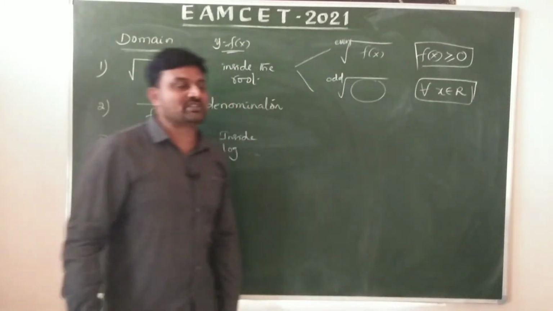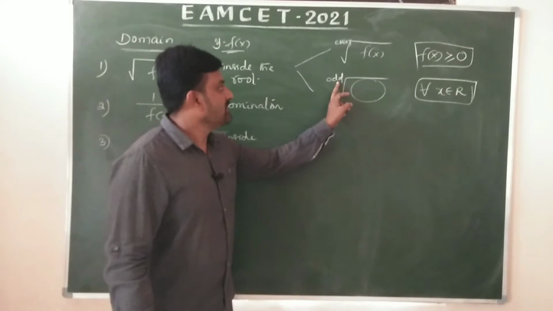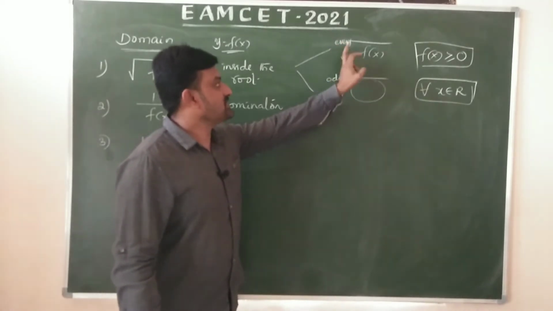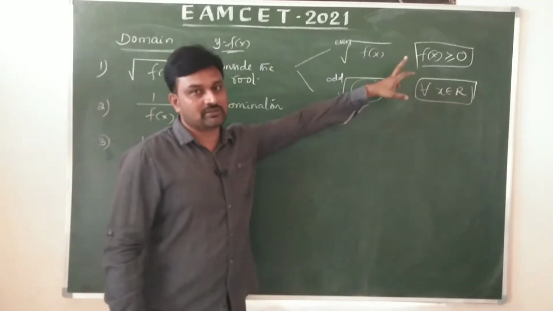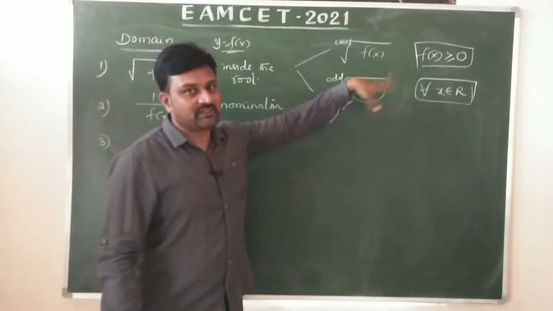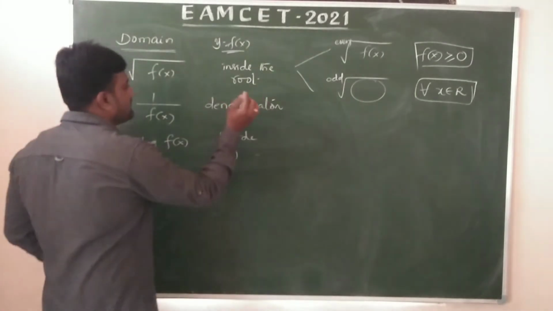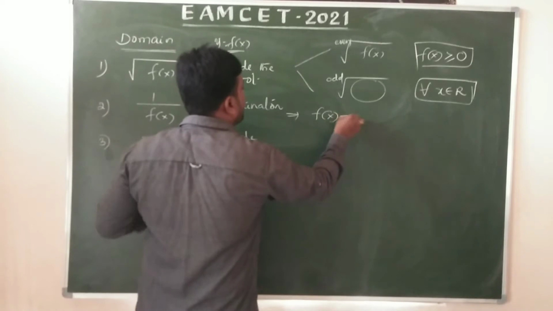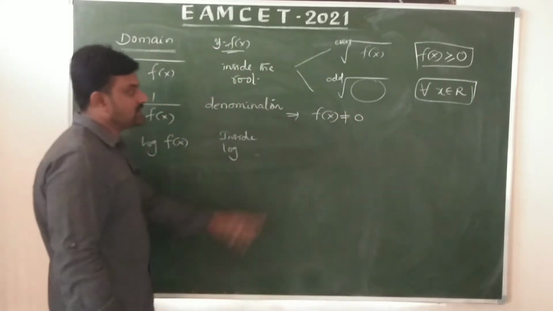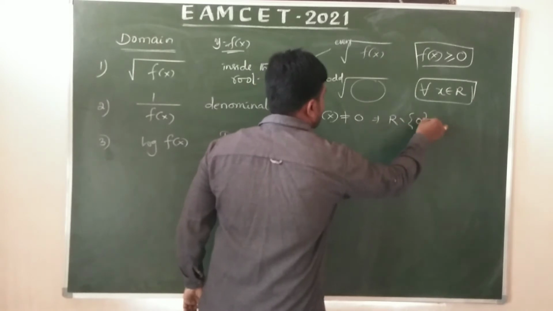Only for even roots can we take f of x greater than or equal to 0. That is the confusion between them, please remember. For the denominator, it should definitely not be 0. That means R except 0.